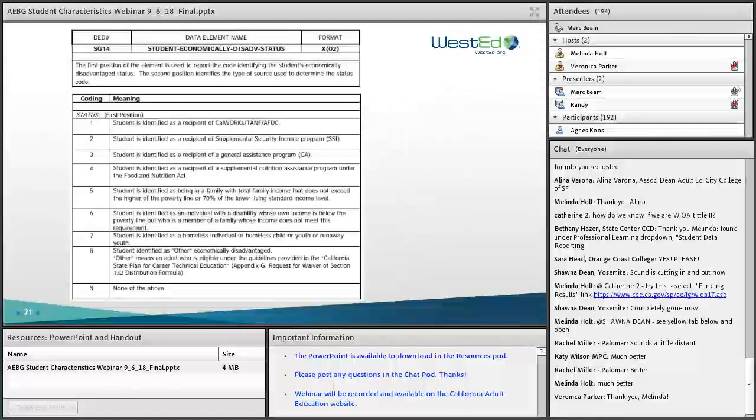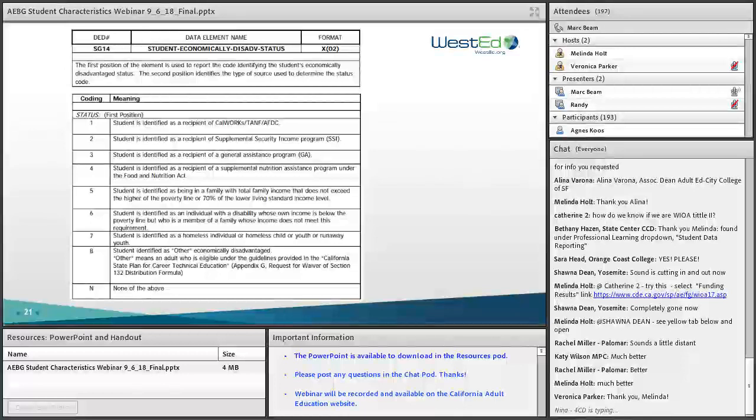These categories in the MIS are reported in 2 positions, and the first position identifies which one of these 8 different types of economic disadvantage best describes that student. If you read the directions at the bottom of that page, it asks you to report them in a hierarchy.